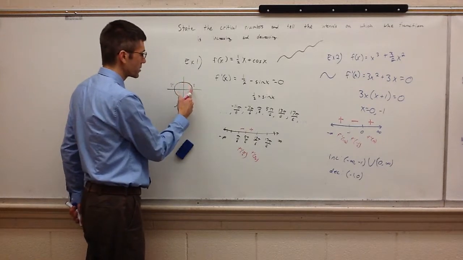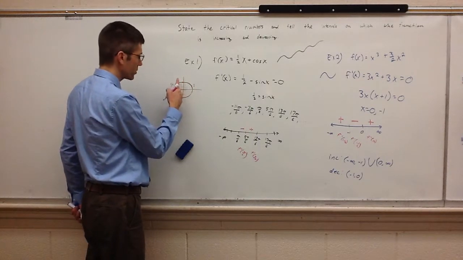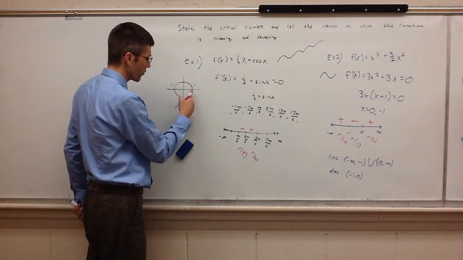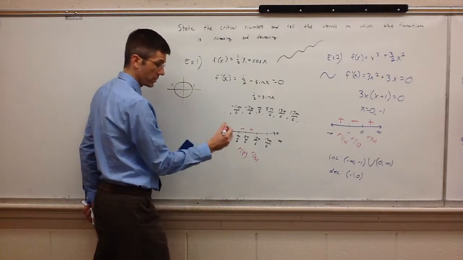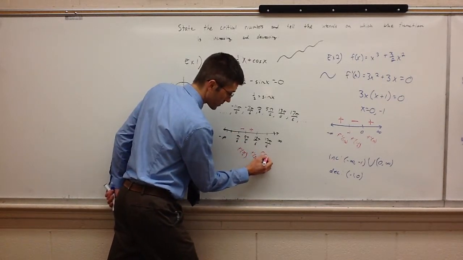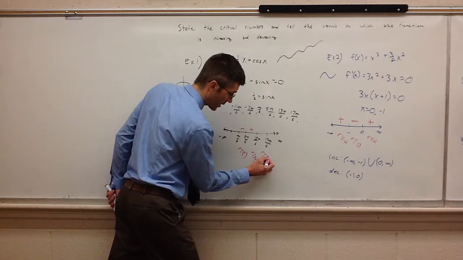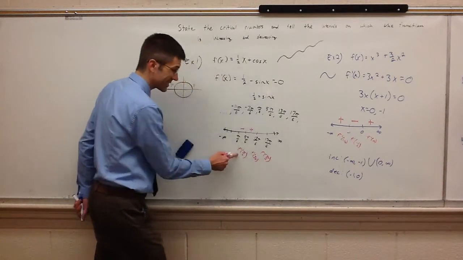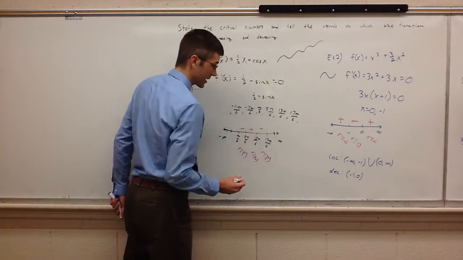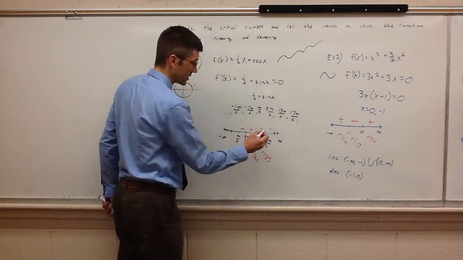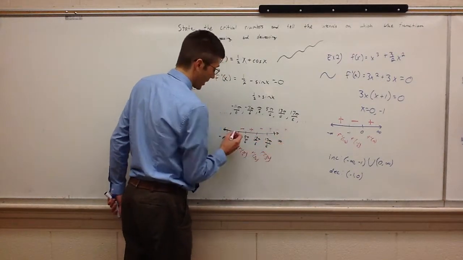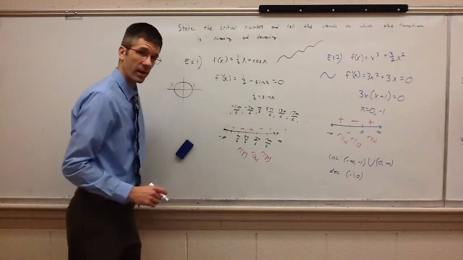So that would be 5 pi over 2. F prime of 5 pi over 2 is the same thing as this. It's negative, and then it's positive, and then it's negative, and then it's positive. And you see the pattern, right?